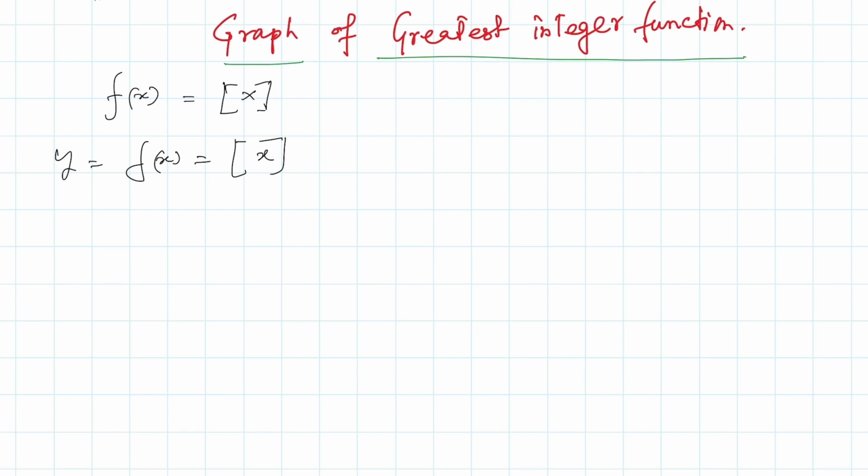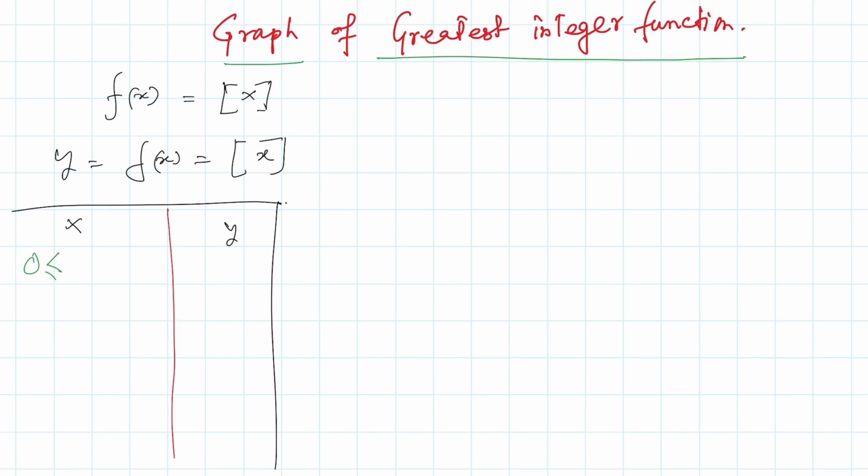Let me write the values of x here, and on the other side the values of y. If x is greater than or equal to 0 and less than 1, then by the definition of the greatest integer function, y must be equal to 0.